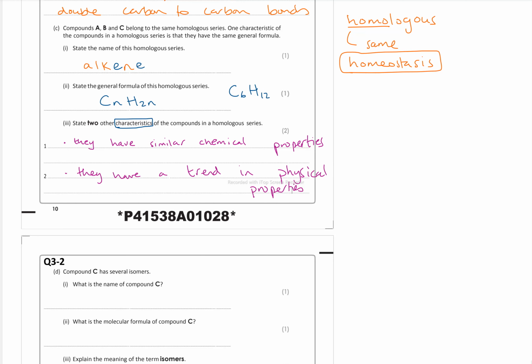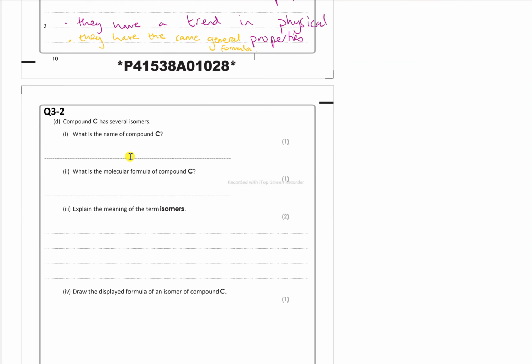That's a good one to remember. Another good one to remember is they have the same general formula. Good.